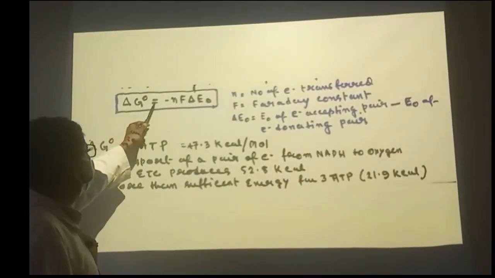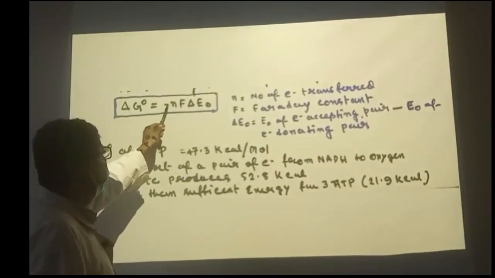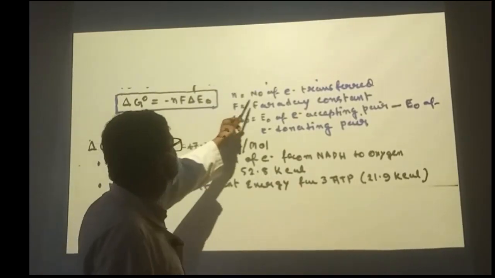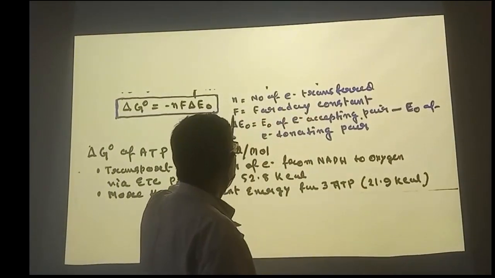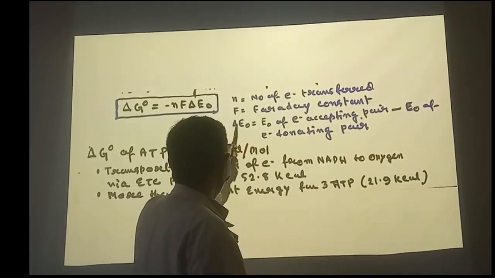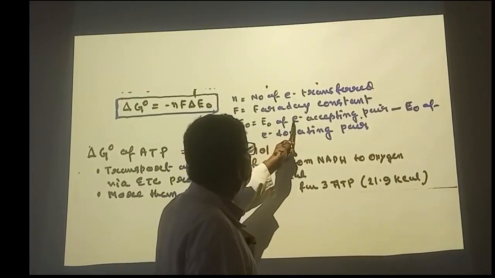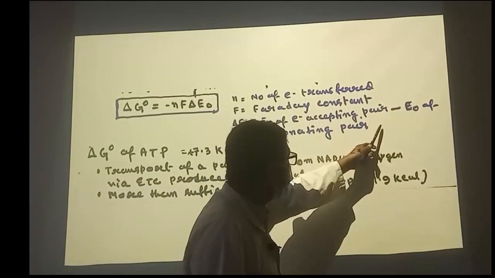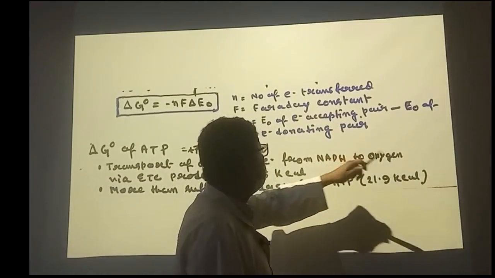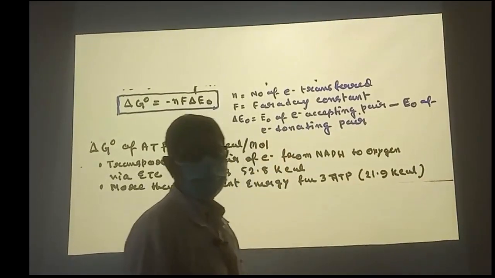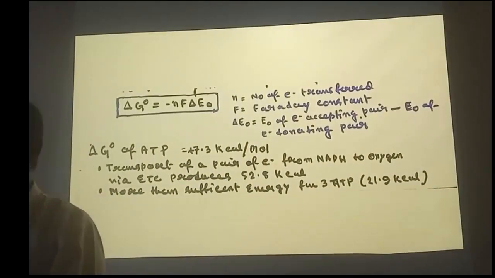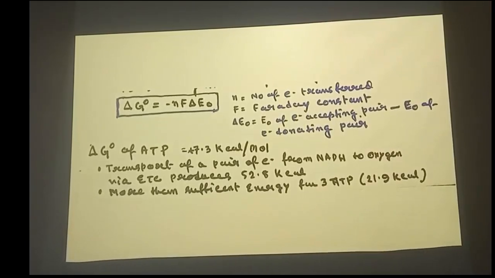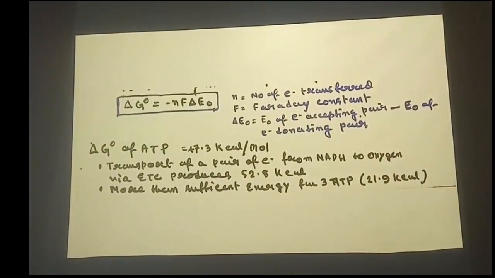Delta G is equal to minus n F delta E0, where n is the number of electrons transferred, F is the Faraday constant, and delta E0 is the standard reduction potential of the electron accepting pair minus the standard reduction potential of the electron donating pair. So you can see how standard reduction potential is related to free energy.